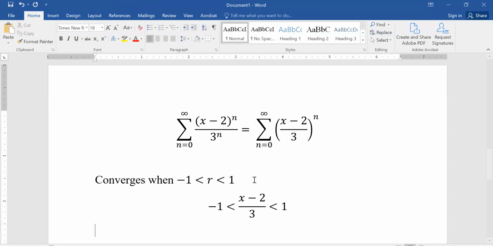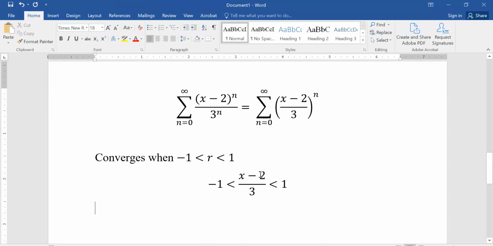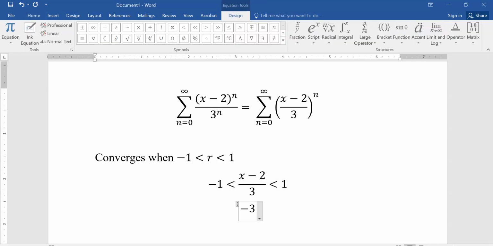All right. Now, hopefully you know how to solve this. You'd multiply all three sides by the number 3. So you get -3 less than x minus 2 less than +3. And then you'd add 2 to all three sides. If you add 2 to the left, you'd end up with -1.